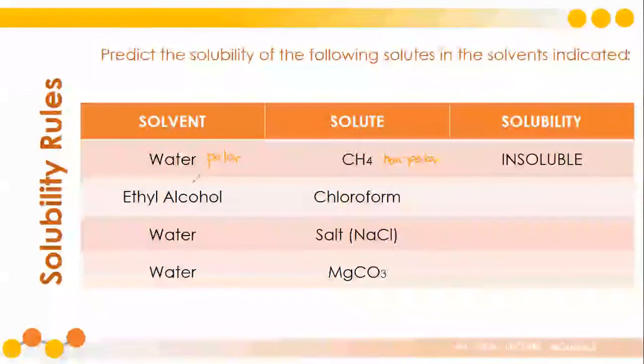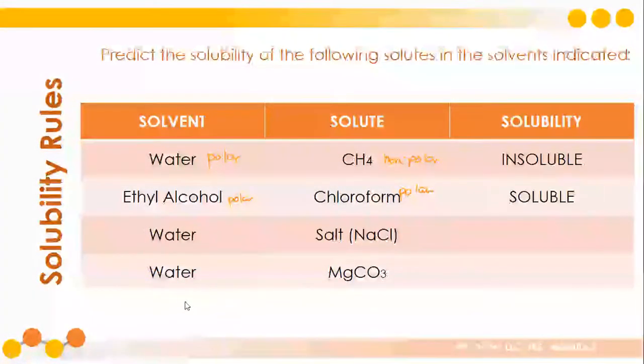Next, we have ethyl alcohol and chloroform. Ethyl alcohol is a polar compound. Chloroform is also a polar compound. Again, following the principle of like dissolves like, what do you think is the solubility of these two compounds? This will be soluble.